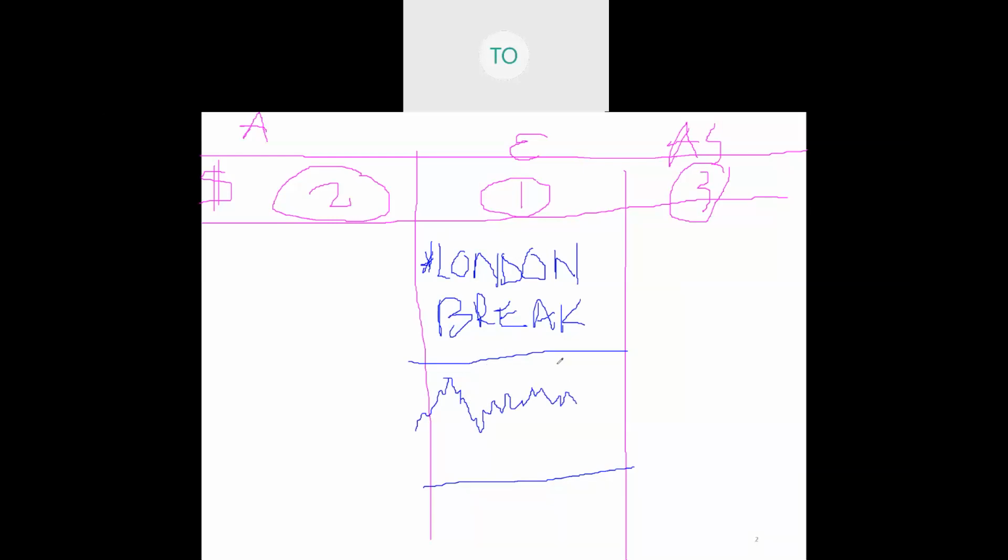The fact that you can easily pinpoint its high and its low over the night, that is where the money is made.